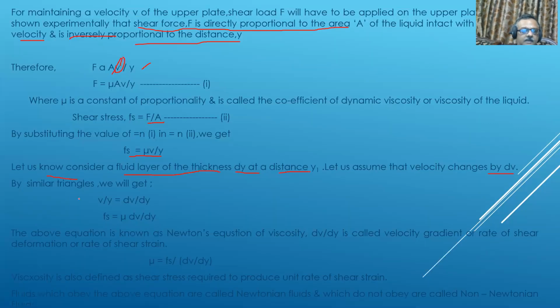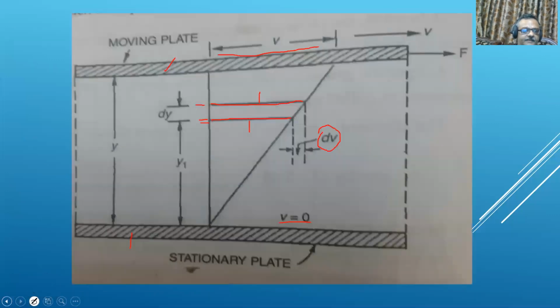So, by similar triangles, that is V1, this triangle, okay students, this distance over this distance. So V over Y is equal to dv over dy.